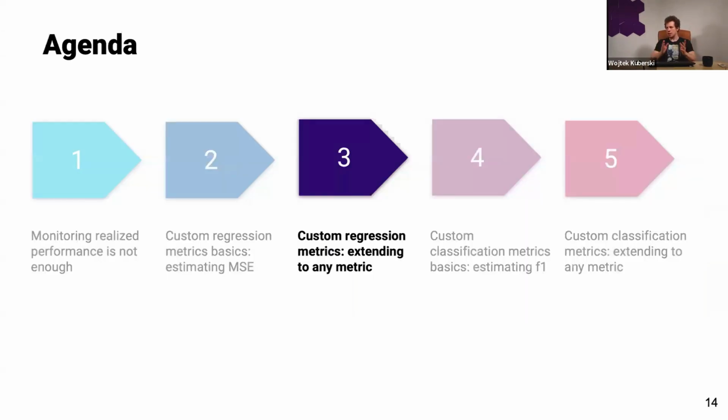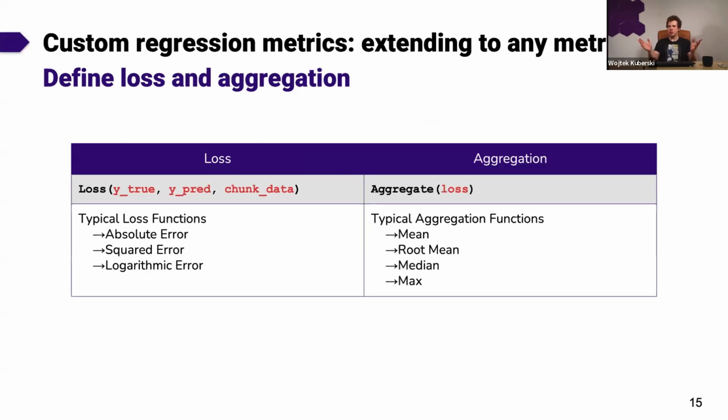And now let's talk about how we can use custom metrics and define any metrics, and how we can then use DLE to take that metric and estimate it without access to target data. The way it works is we need to define two functions. We need to define our loss function that's going to take the actual predictions and the true value, so the actual target data, the targets.